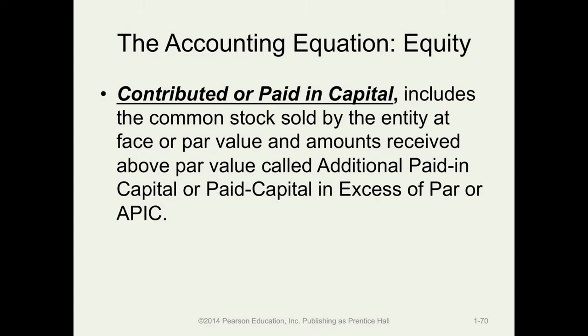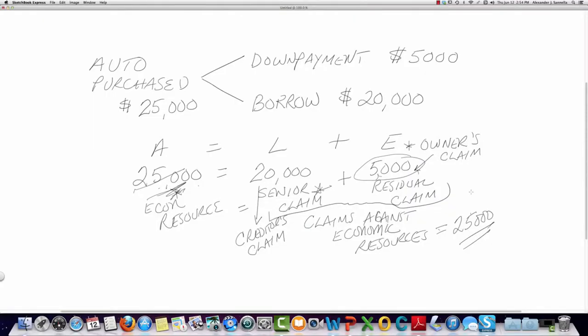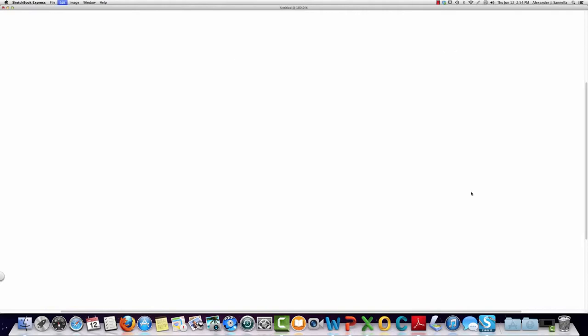If we think about selling stock, and when we sell stock, we should really say issue. Say it's on the New York Stock Exchange.